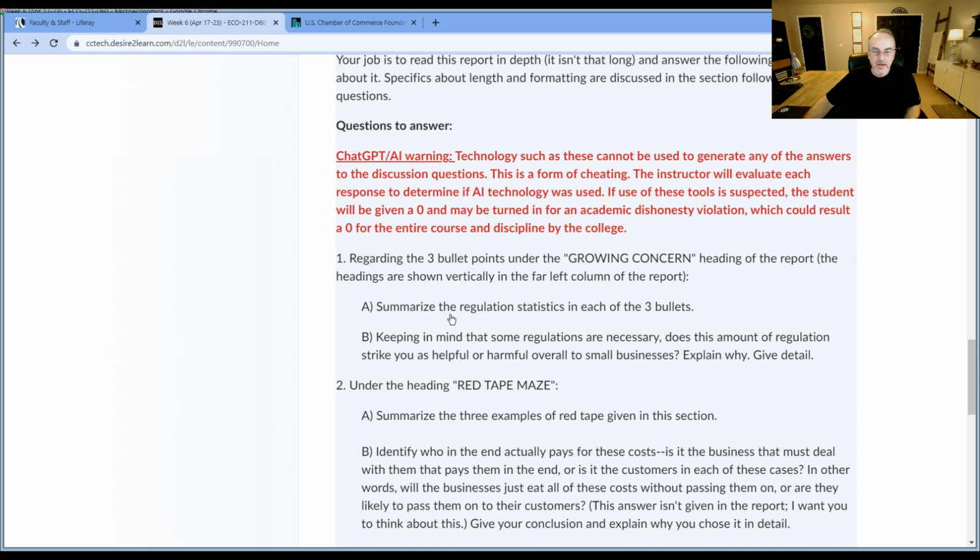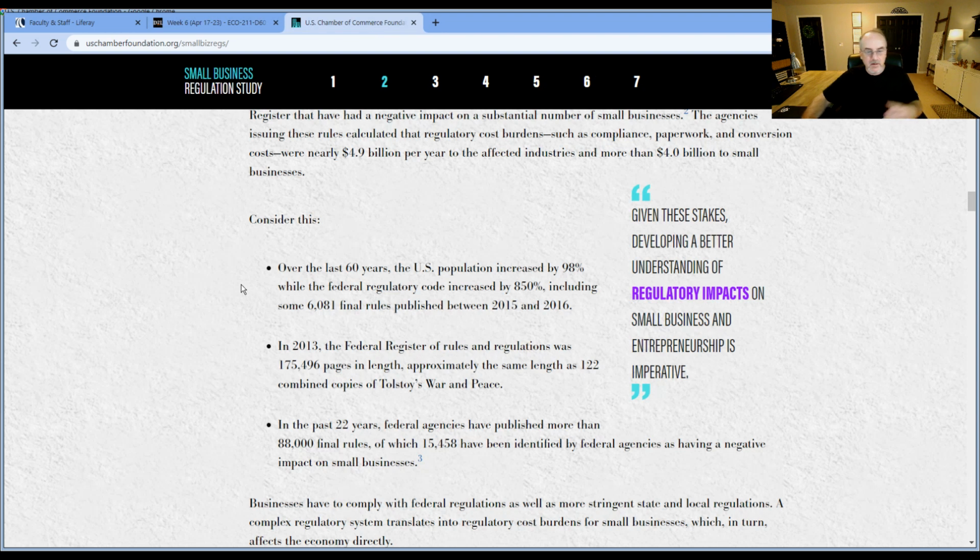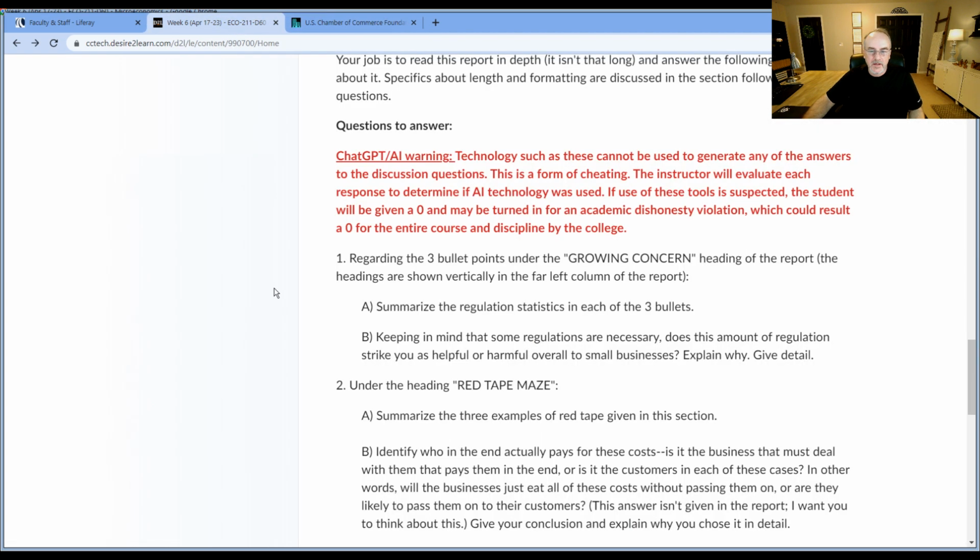Summarize the regulation statistics in each of these 3 bullets. Take these into your mind and, in your own words, not copying word for word, describe the details of these 3 bullets. Tell me the effect of these regulations. Give me an overview of them.